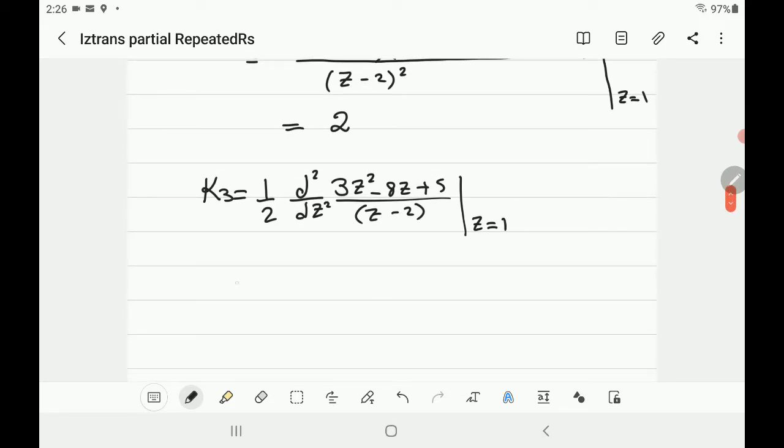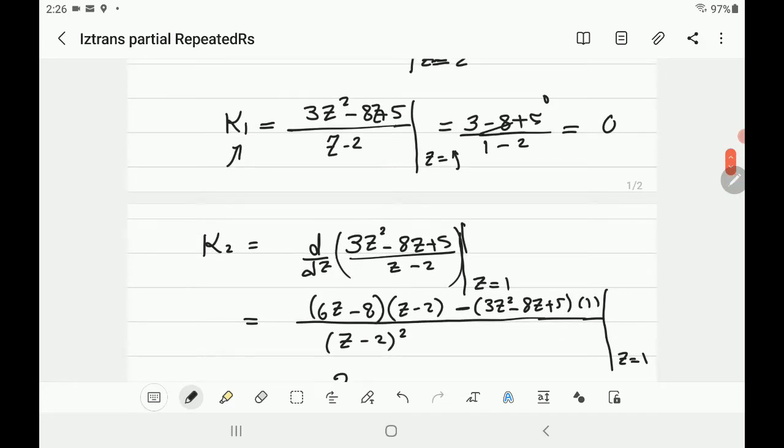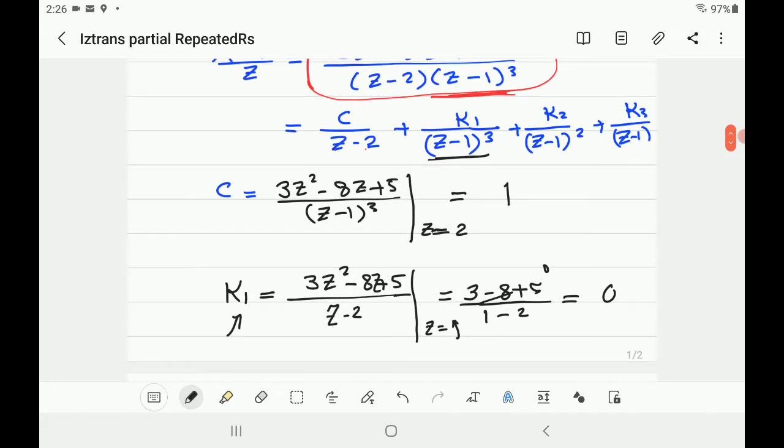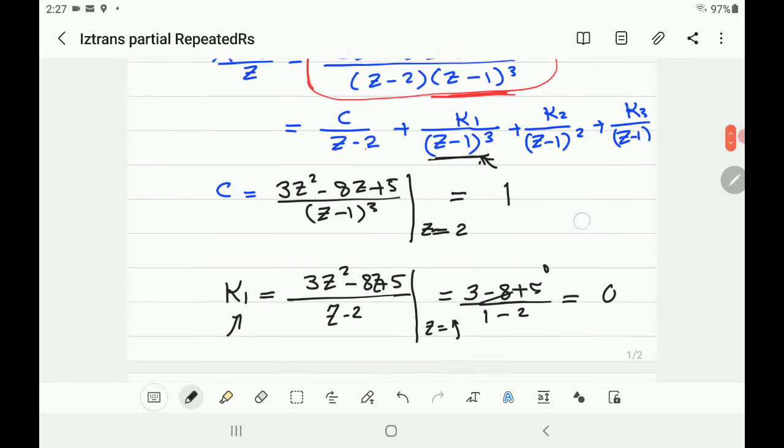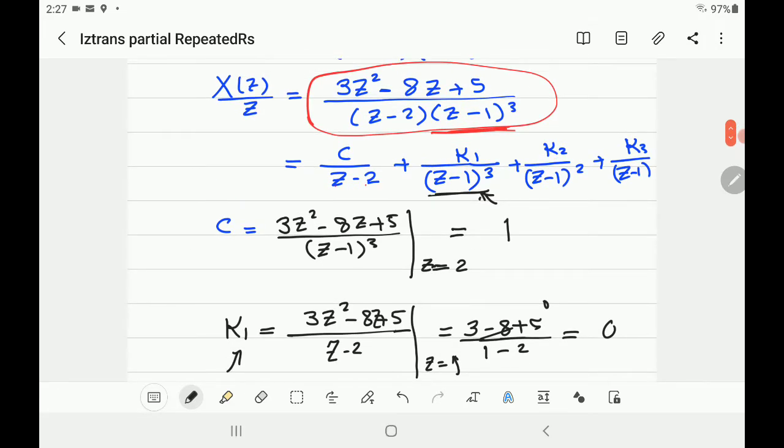Because when you want to find any term like k1, k2, k3, k1 is not included. k1 is just to make the substitution, the first one. But just look at k1 again. This is the whole thing here. But once you start to decrease the power by 1, you start to differentiate. All right. So you want to find k2, k3, and so on.